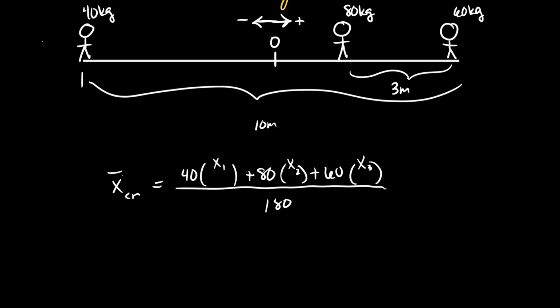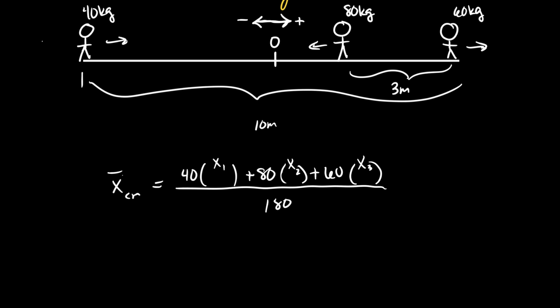What if each of these guys was moving? Center of mass wouldn't be staying in one place, would it? We'd have a center of mass that's moving. So to make this easier, if we assume that they're moving at a constant speed, in any 1 second, they will have changed their location.